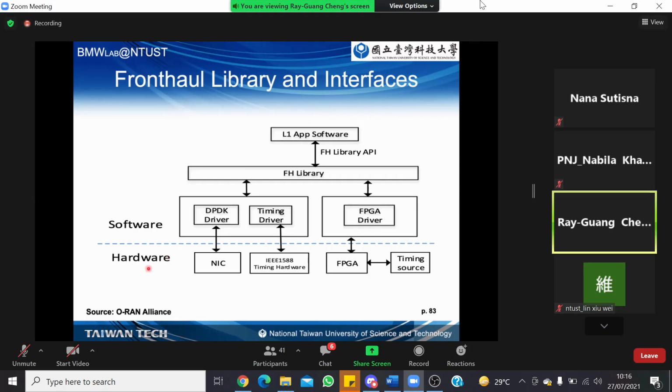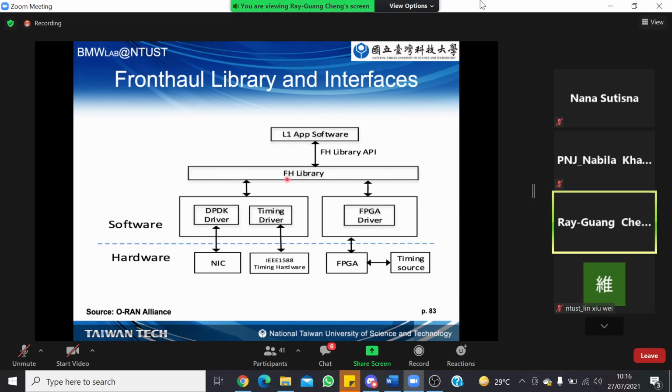For the Fronthaul library, synchronization is quite important because you need accurate synchronization at the symbol level, so you need an accurate timing source. In the Fronthaul library, they use IEEE 1588 as a timing protocol for synchronization.